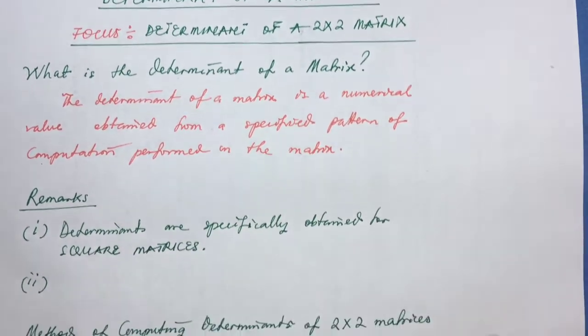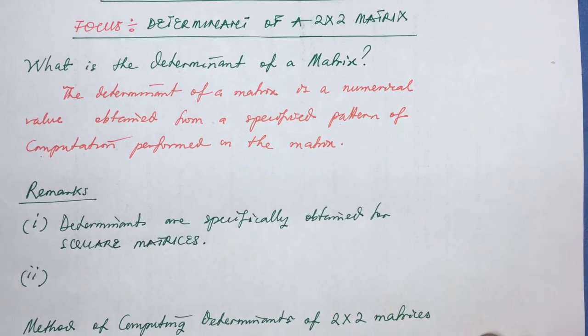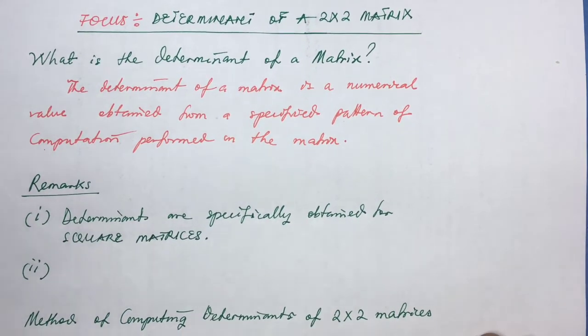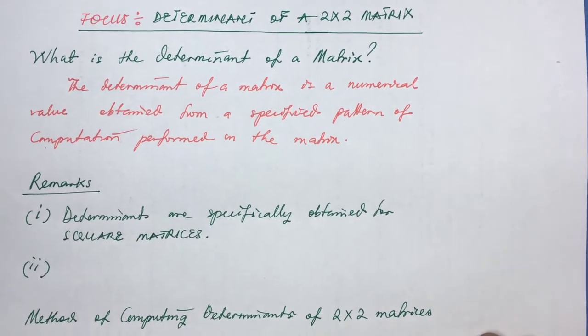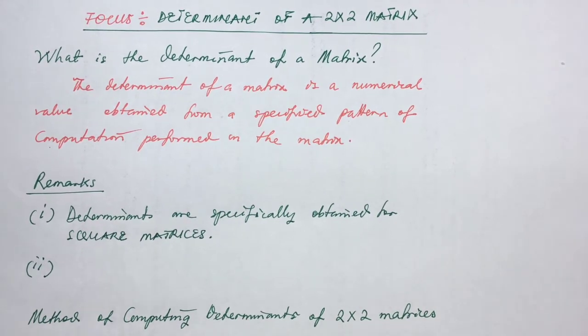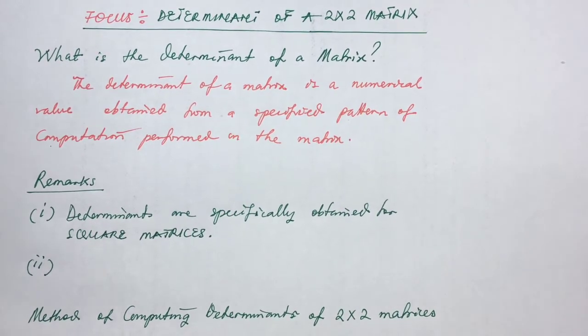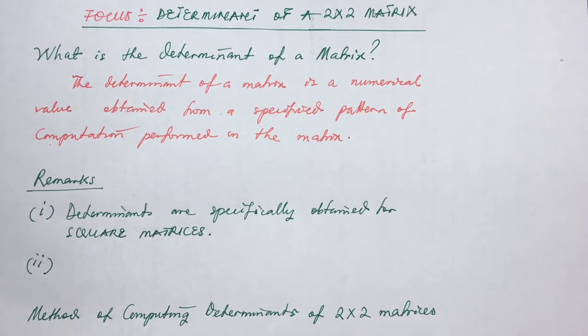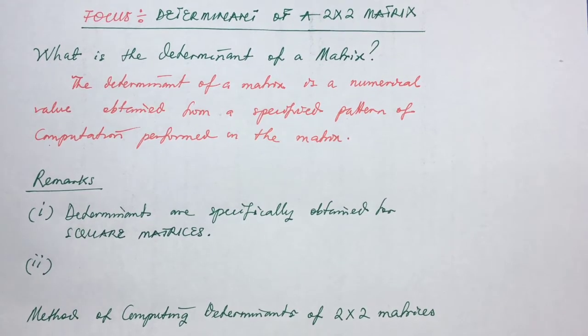So that is my remark number one. I want you to take note. So if we are talking about determinants, it means there is a square matrix somewhere. Okay? So determinants are only obtained for square matrices. Okay? So that being said, let's go to remark number two.